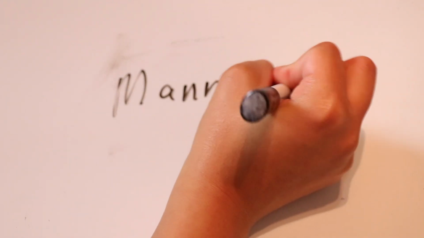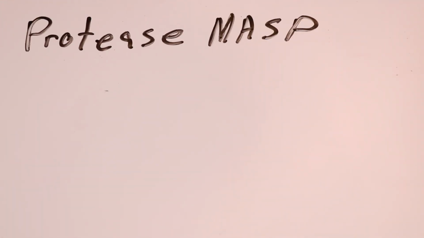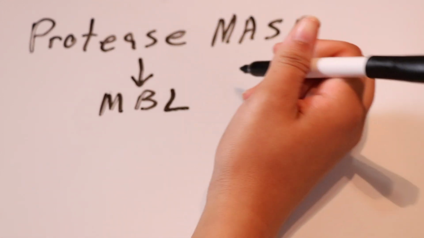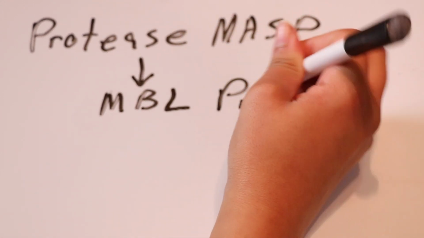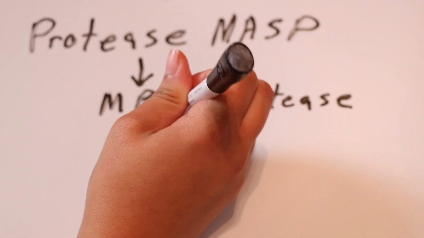Mannose and glucose are considered sugars in the lectin-mannose pathway. So the protease MASP is going to go to MBL, to the C4 and C2.